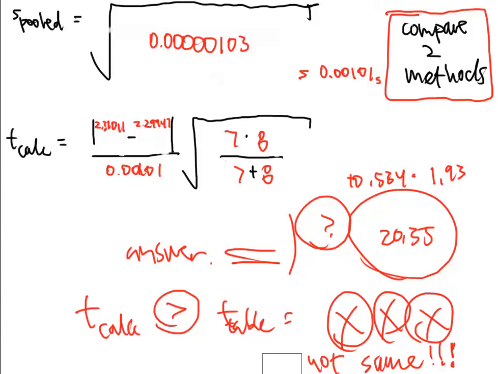But that is the example that we've got to go through to compare two methods with each other to see if they are telling me the same story or not. And in this case, because my final answer, which is what we call T calculated, is greater than the T table number, that means these are not the same story.